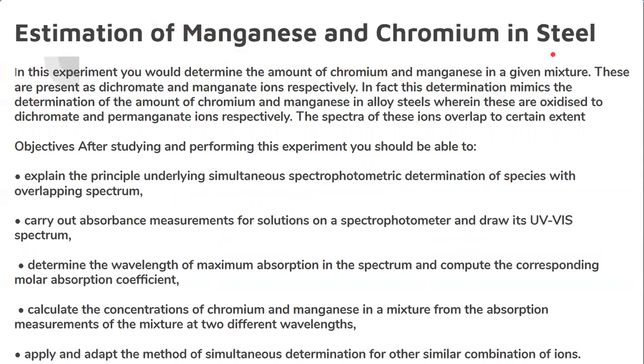I'm repeating, I'm revising this. As we know, steel is an alloy of iron. Iron is the major constituent. Along with iron, steel may contain some amount of carbon and minute amounts of chromium as well as manganese. This carbon, chromium and manganese impart strength to steel.